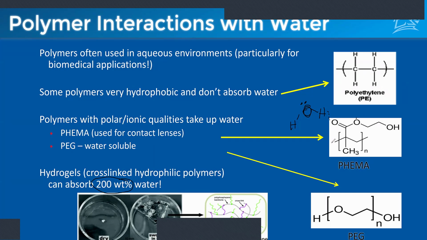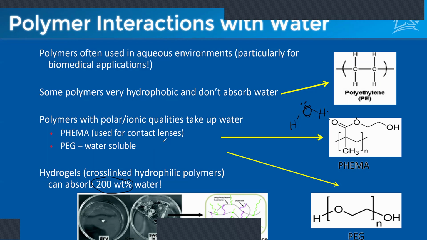And this particular polymer, polyHEMA, is used for contact lenses, and it can display actually hydrophilic or hydrophobic behavior depending on the environment that it's in. So they call some of these polymers smart polymers, where their properties are dependent on pH, they're dependent on temperature, and that sort of thing.